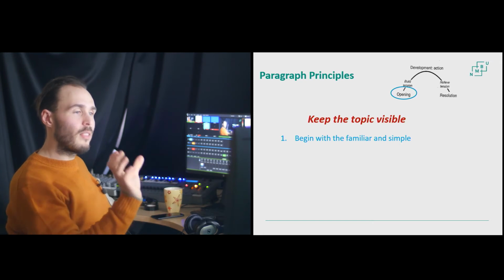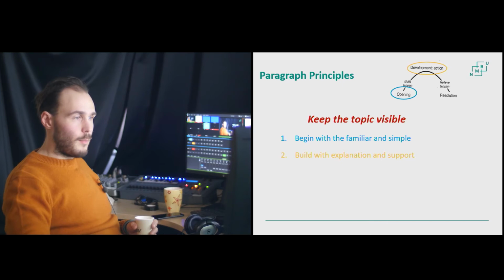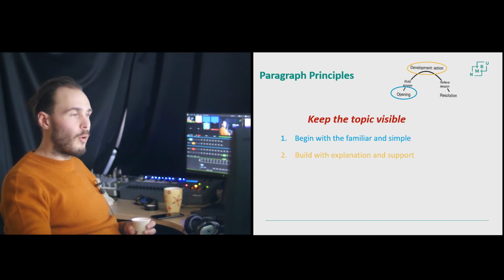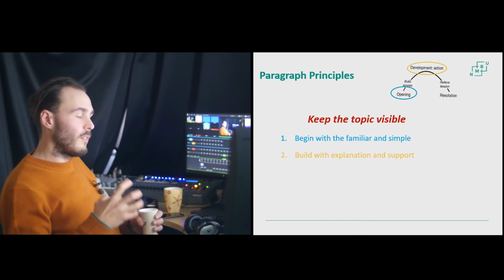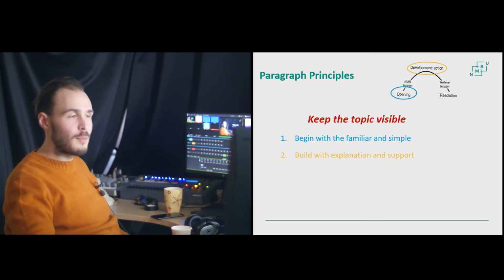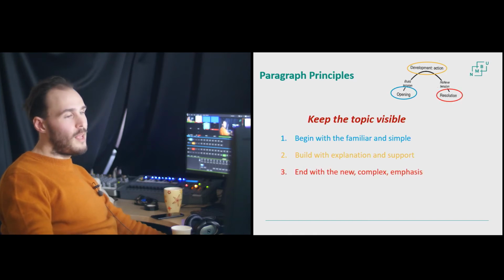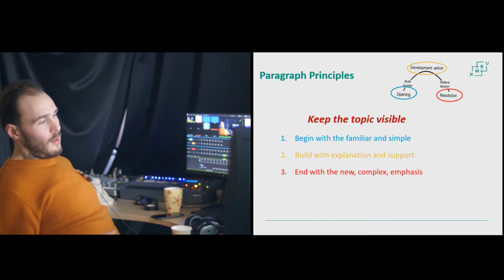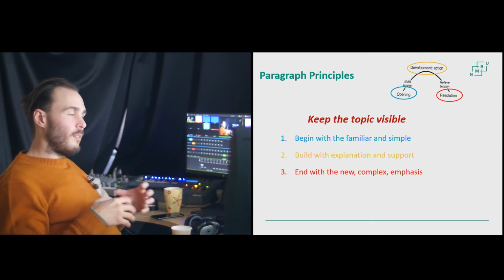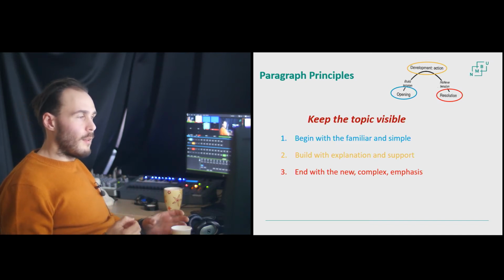So you start out with something fundamental, and then you build with explanation and support. This is where the actual information in the paragraph is. This is where you actually explain what you are writing about. Then, number three is, you really want to end with a new complex emphasis. That means some kind of conclusion, some kind of idea.